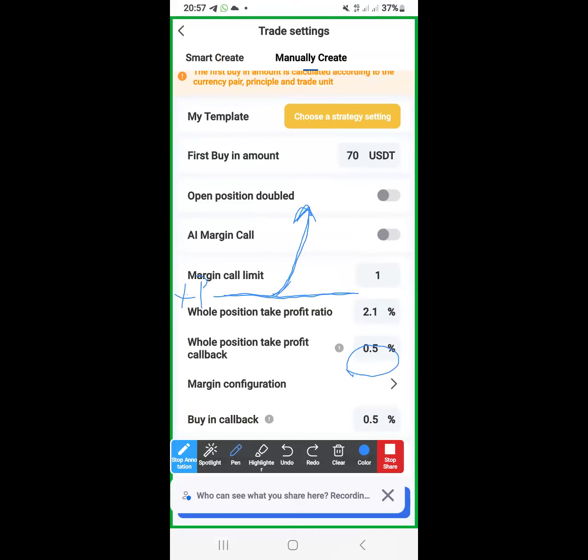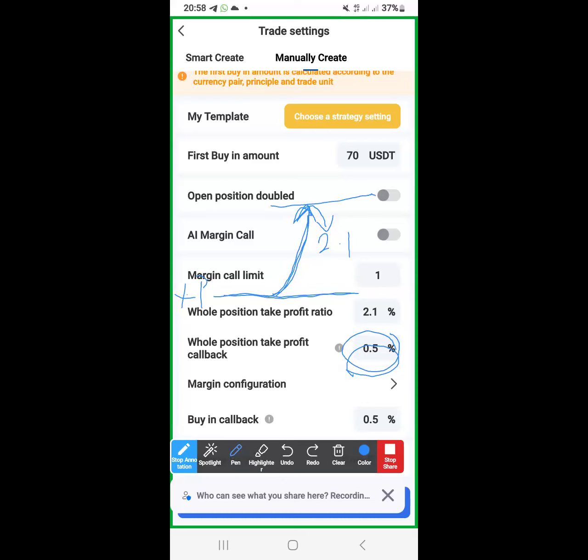If the rise is by 2.1, and then suddenly we see a dip, a drop, the robot is not going to sell at 2.1 the way it was set. The robot is going to monitor and see if the drop is by 0.5, that's when it is going to sell. But if the drop is less than 0.5, it is not going to sell. It will continue monitoring the market.